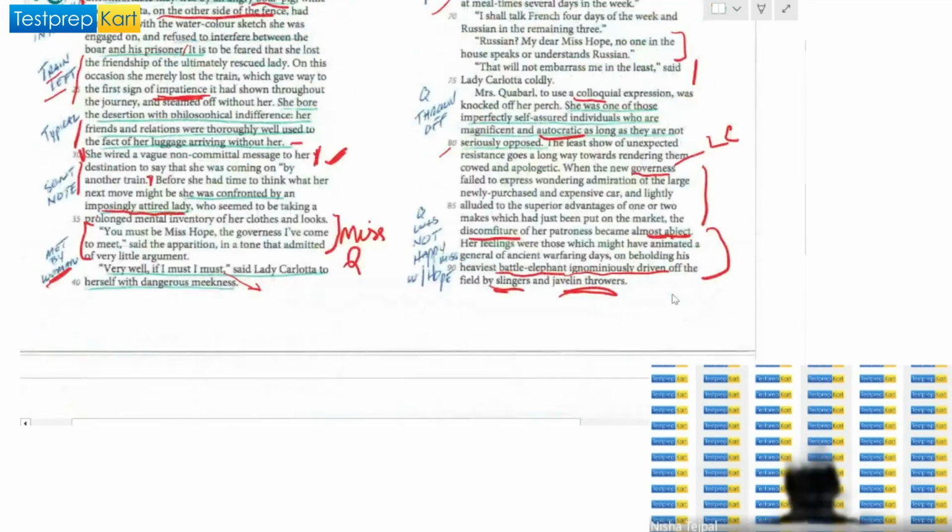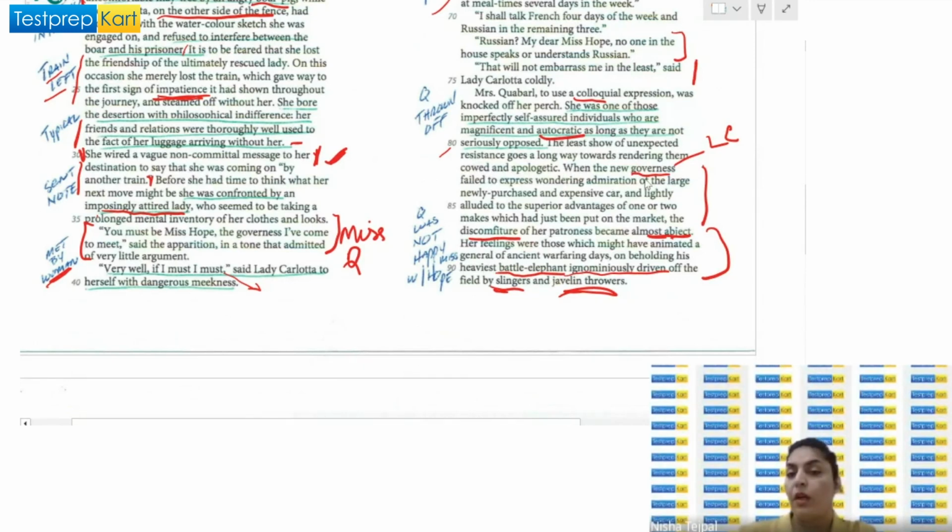So we have to look for these two words or their synonyms in the text. 77 to 82. Okay. From 77 onwards, we read, the least show of unexpected resistance goes a long way towards rendering them cowed and apologetic.